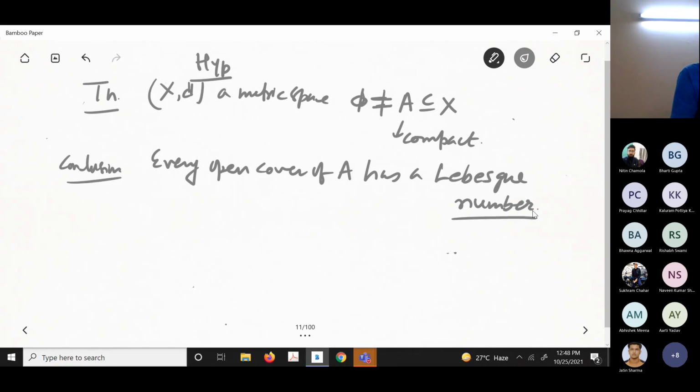Now look, I'm just using the definition of compactness. So take any open cover. I'm not using the sequential characterization of compactness in a metric space. I'm just using the definition of compactness.